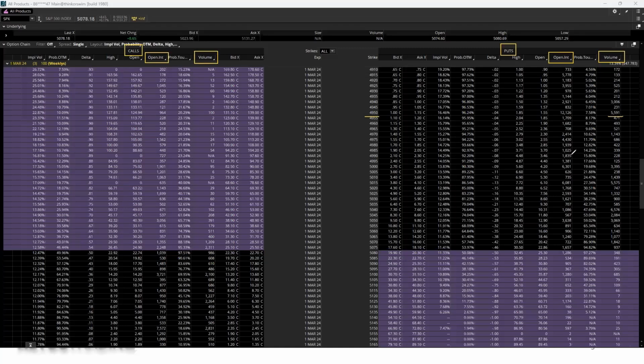It's calculated by taking the total number of contracts that were traded in that period. So if trader A buys 100 49.50 strike puts, and then trader B buys 200 of them, that's going to add 300 contracts of volume.